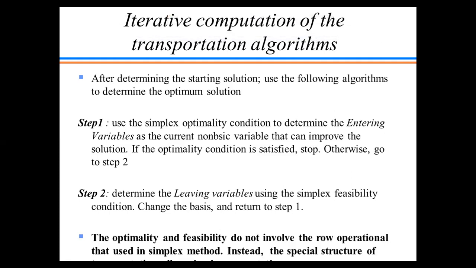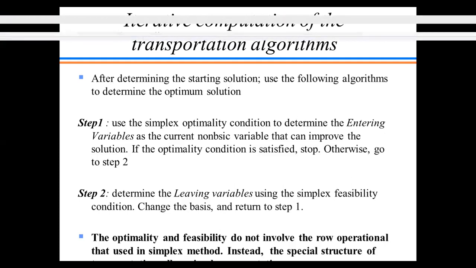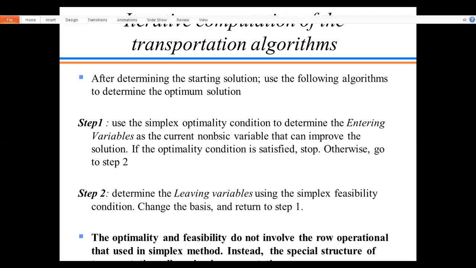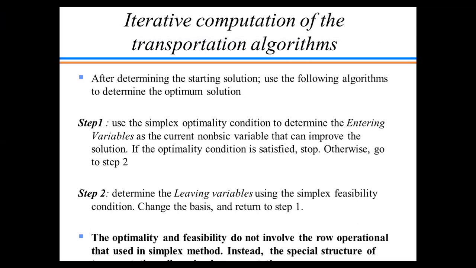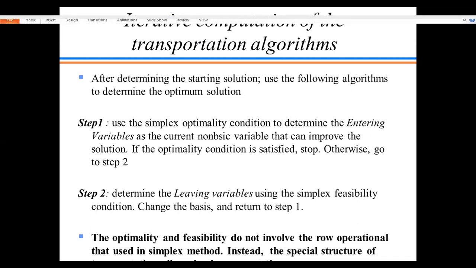Step number one, of course, since transportation model is a part or special case of the linear programming model, then the step to determine optimum solution is similar to the regular simplex method. But for transportation algorithm, it's been simplified, so it's easier for us to get the optimum solution.